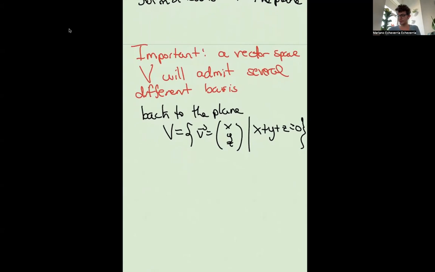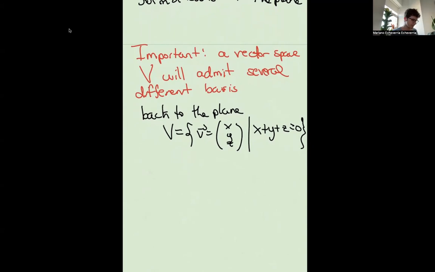If you notice, what I did to find a basis for this plane was to use the equation to solve for z. But already here it's clear that you didn't necessarily have to solve for z. You could have solved for one of the other two variables.